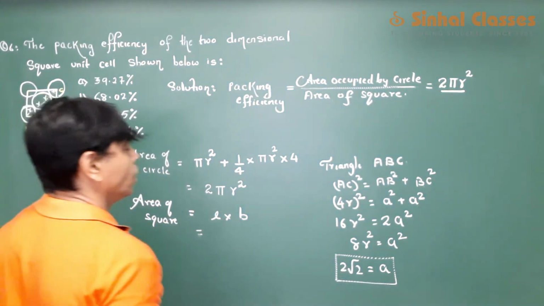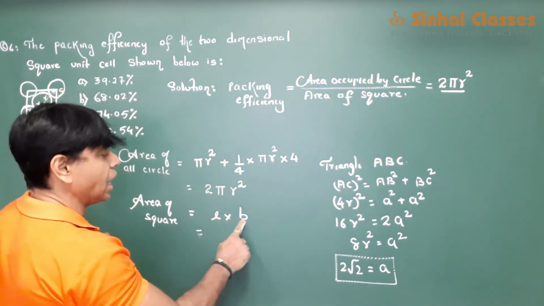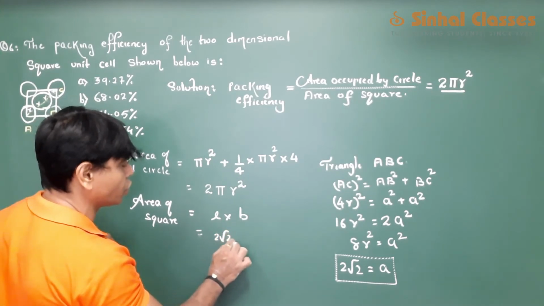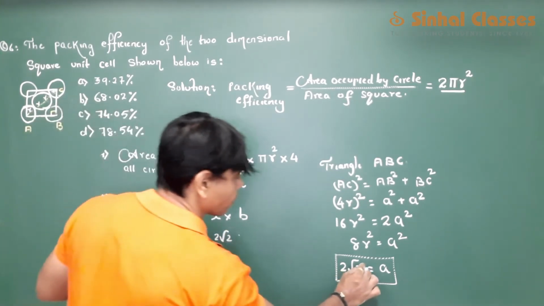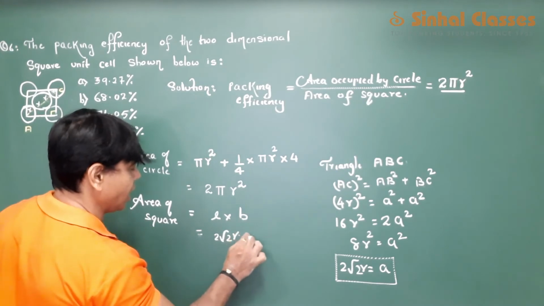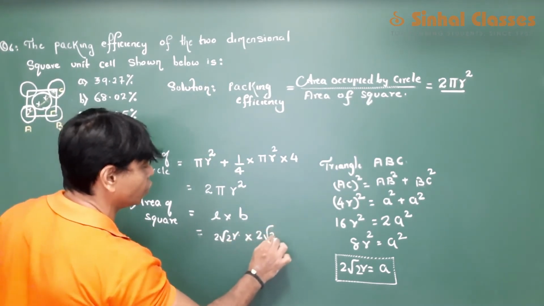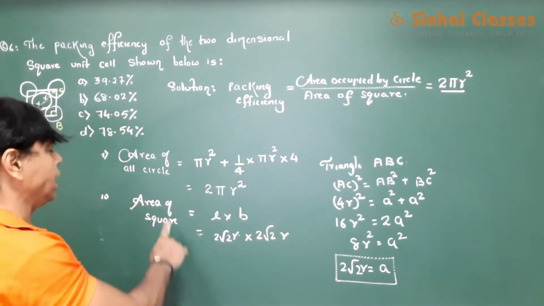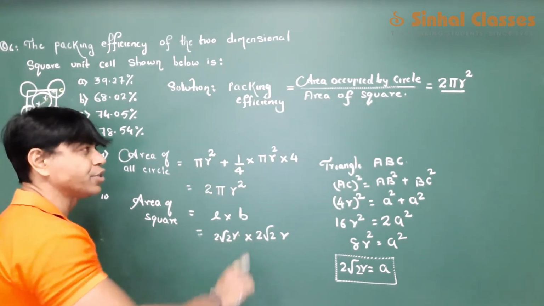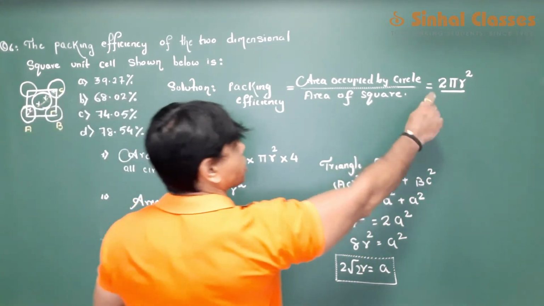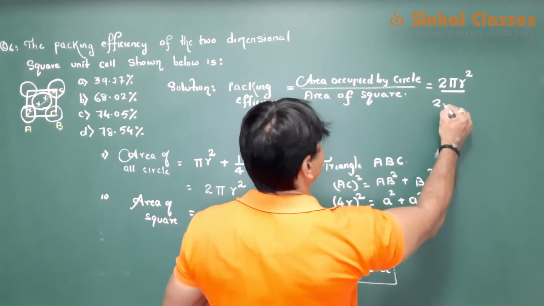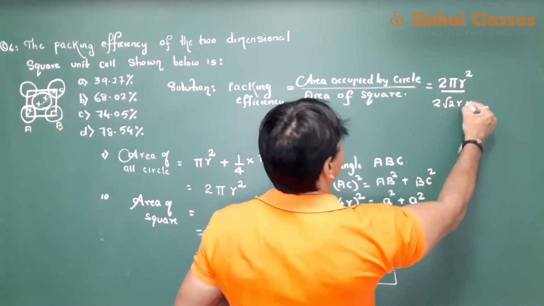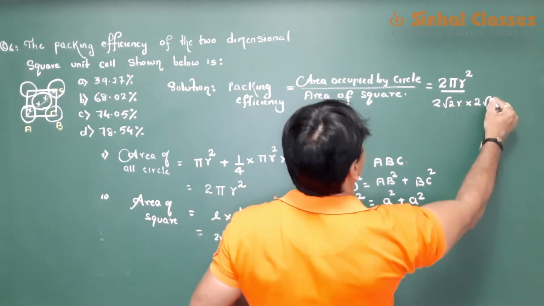So now I am going to take length into breadth, 2 root 2 r into 2 root 2 r. So area of a square is length into breadth. So I am going to substitute here: 2 root 2 r into 2 root 2 r.